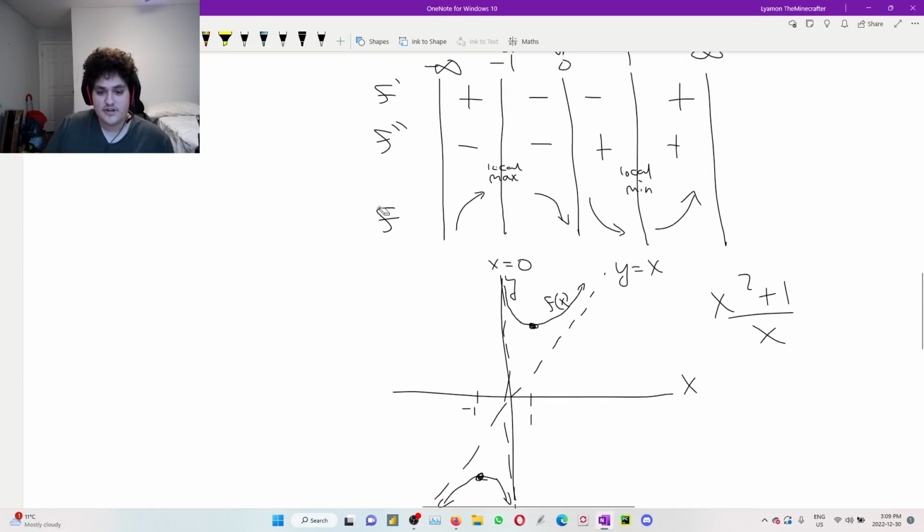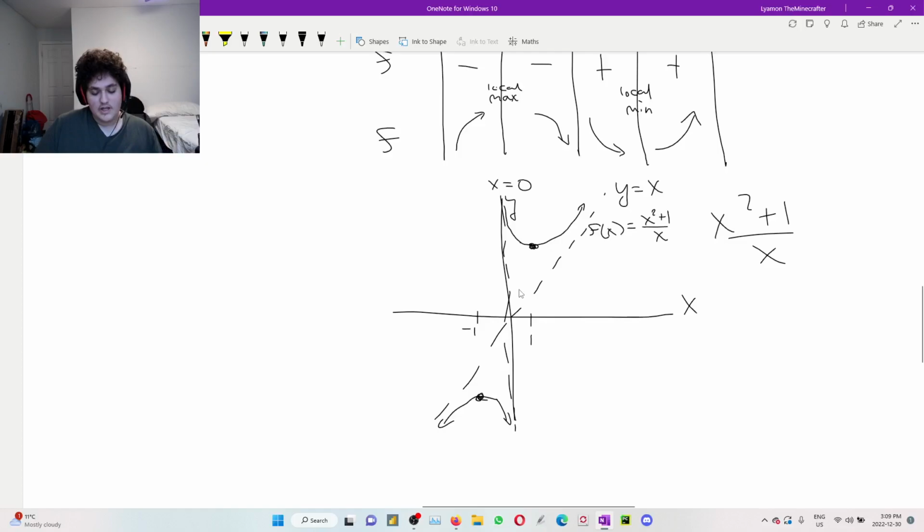So instead of just writing f of x, you can write it out. If you put in 1, you get 2.